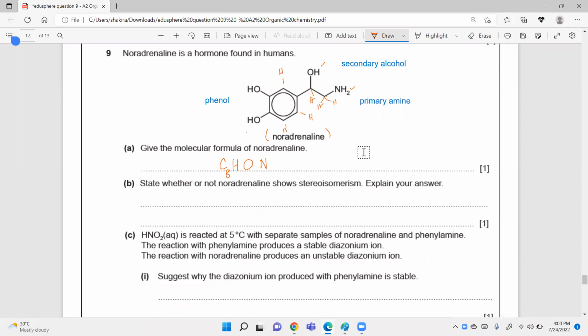Now let us count again. 1, 2, 3, 4, 5, 6, 7, 8, 9, 10, 11. Hydrogen 11. Oxygen 1, 2, 3. Nitrogen only 1.